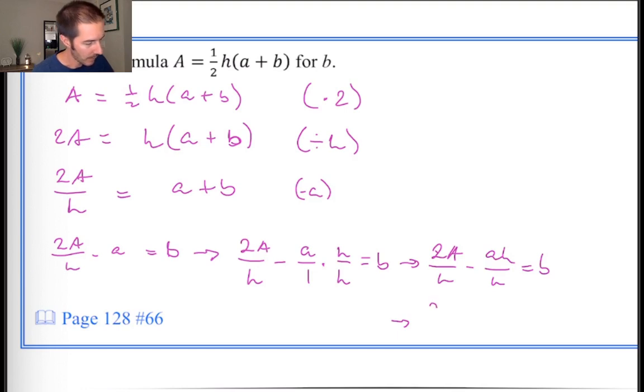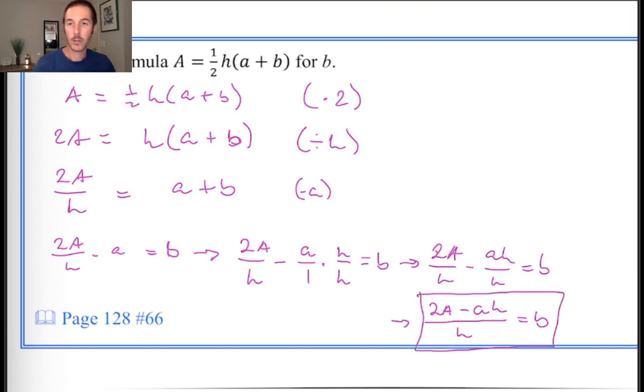The 2 and the capital A would represent the 5, and the 3 would be this lowercase a times an h, and it would all be over our common denominator, lowercase h. As it turns out, this is supposedly the most compact way of writing the solution. It's the tidiest, maybe, because it's all in one fraction.